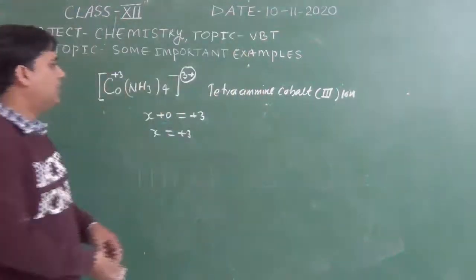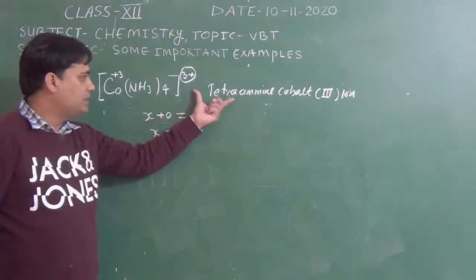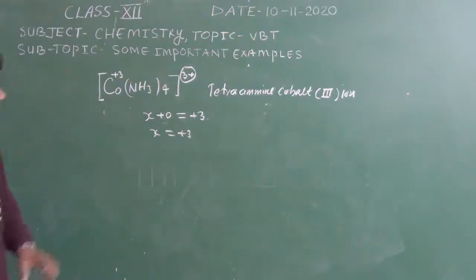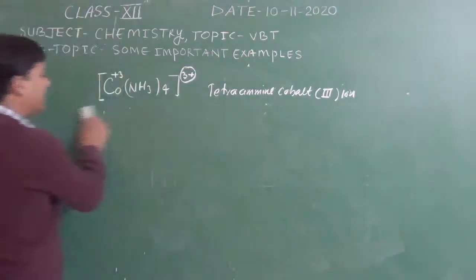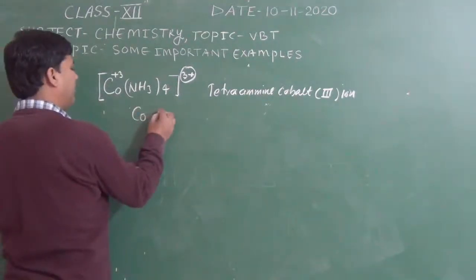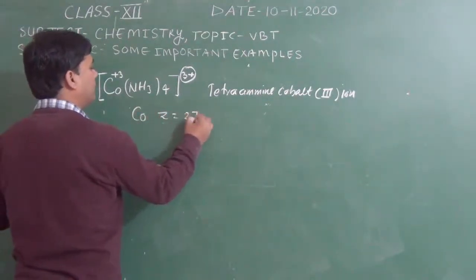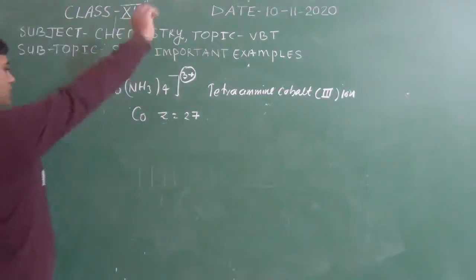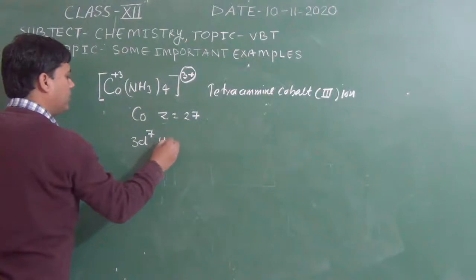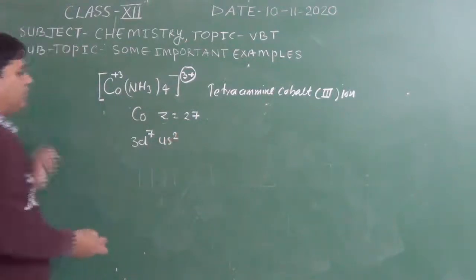So this is the correct IUPAC name of this particular compound. Okay, what is the atomic number of cobalt? I have already explained. Cobalt, the atomic number Z is equal to 27. So you are required to write the electronic configuration of cobalt. This is 3d7, outer electronic configuration 4s2.